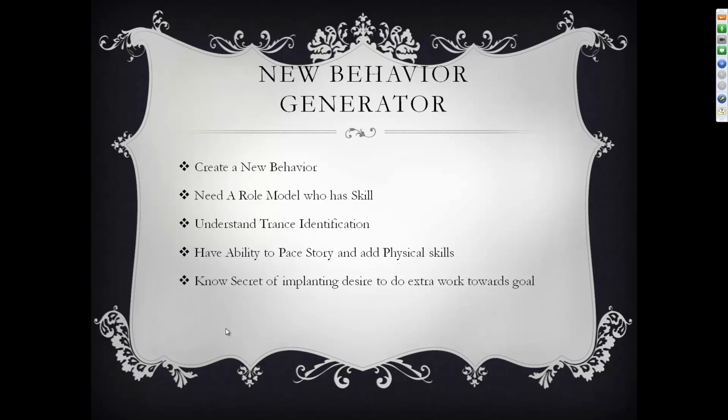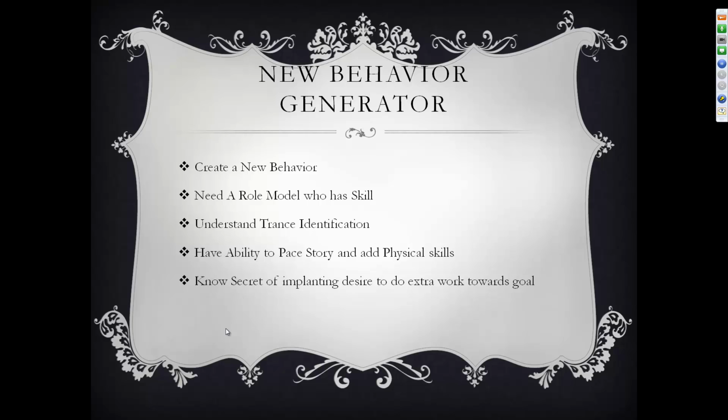Now, let me do another one. Let's break down the new behavior generator. The new behavior generator is to create a new behavior. For this to happen, you need a role model who has the skill that you want, whatever it is. You don't have to know the person personally. In fact, I always teach it's better if you don't.